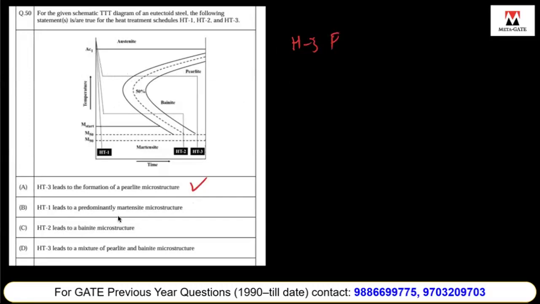Heat 1 leads to the formation of martensite. If you say heat 1, you're directly quenching it from the A1 temperature to directly below the M90 temperature. The final structure will be martensite.